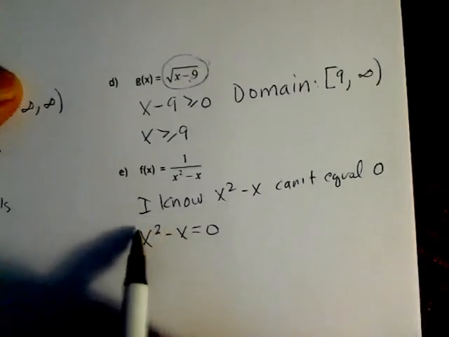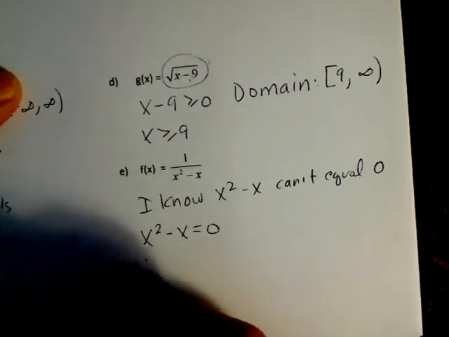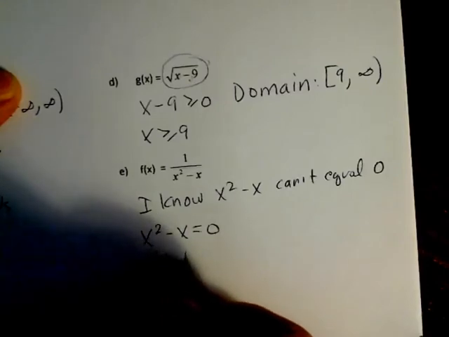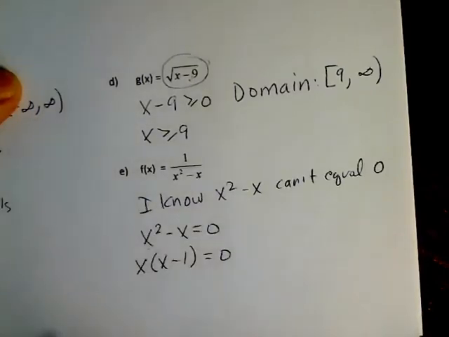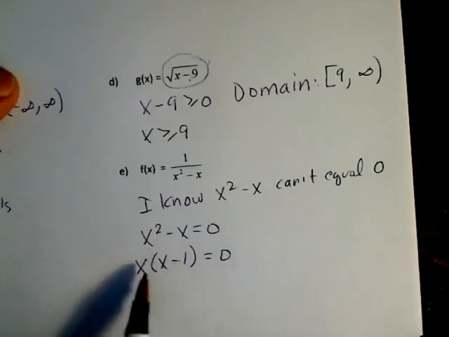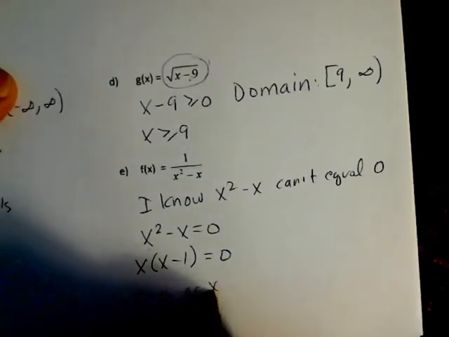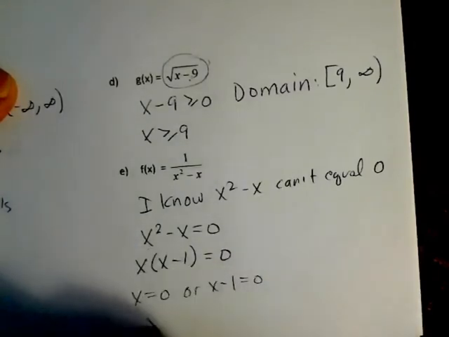And you may be kind of stuck here, but always remember GCF. So I can factor, because in order to solve a quadratic equation, it must be equal to 0, and we must have two factors. So x is 0 or x minus 1 is 0.